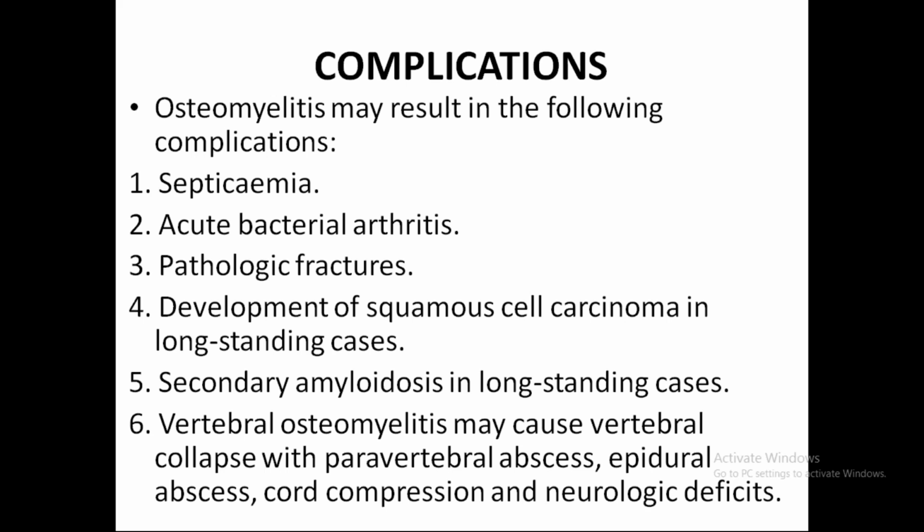Development of squamous cell carcinoma in long-standing cases. There is a possibility of squamous cell carcinoma when the bone erodes the overlying skin, and the chronic irritation produces infection first, followed by carcinoma. Secondary amyloidosis in long-standing cases, as we have discussed previously. Vertebral osteomyelitis may cause vertebral collapse with paravertebral abscess, epidural abscess, cord compression, and neurological deficits.